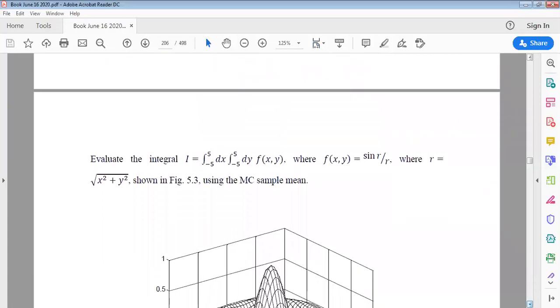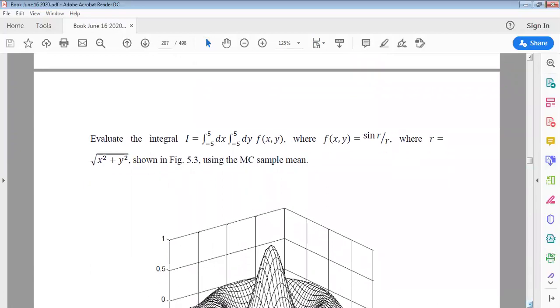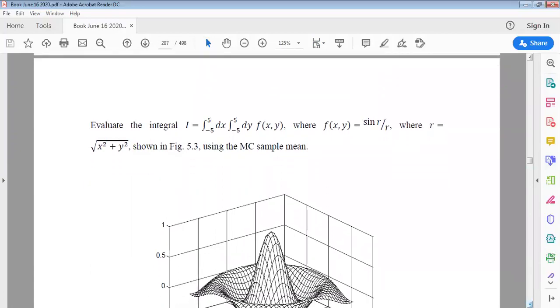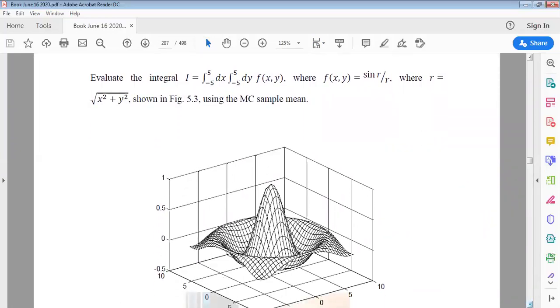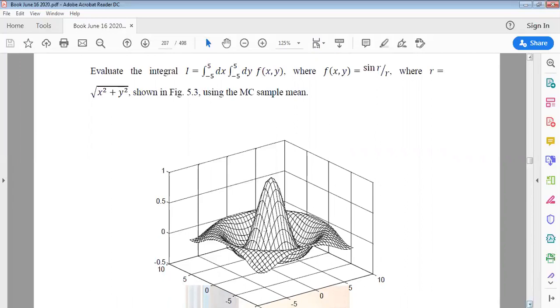And here's another exercise for you where this could be something useful. So here is the sine r over r function. Now look at this. At the center, it goes up and then comes down over here at the edges, then goes up a little bit and comes down. So this is the projection of all these circles, x squared plus y squared, on the xy plane.